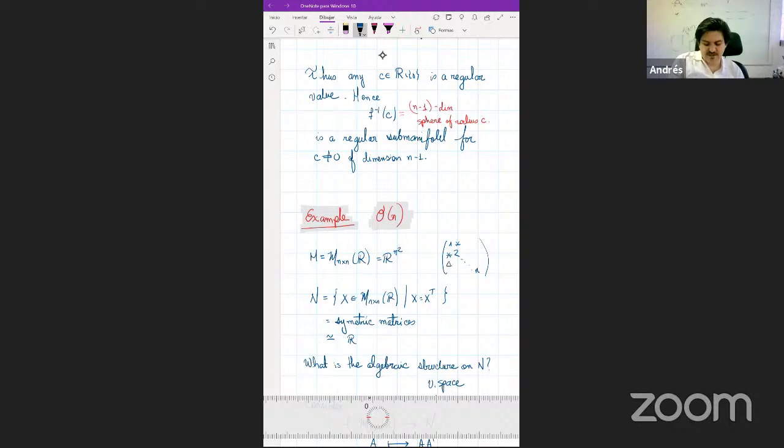So how many parameters do we need to determine a symmetric matrix?